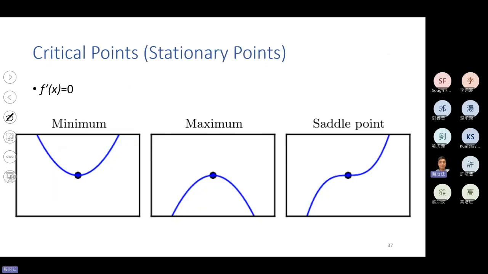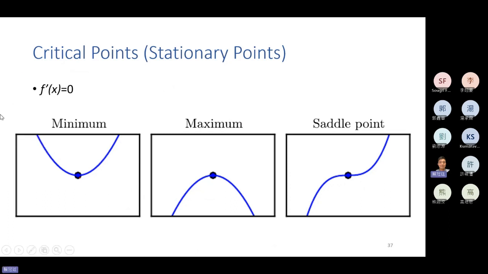Okay, so basically there are three possible results if your derivative is equal to 0. First, it can be a minima, right? Second, it can be a maxima.